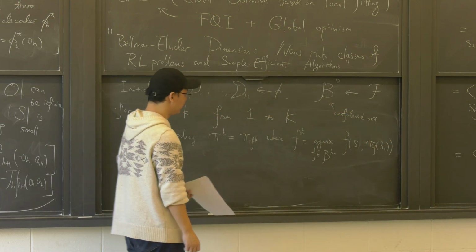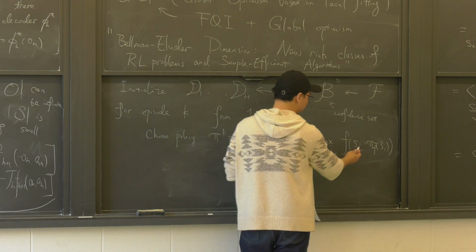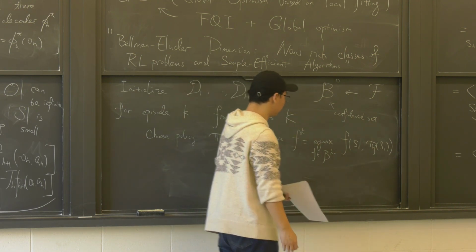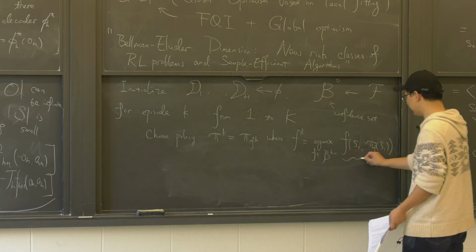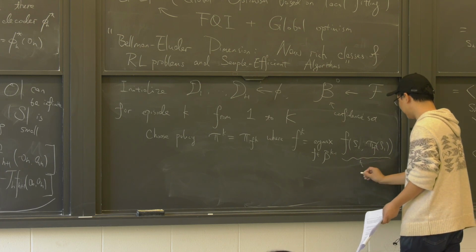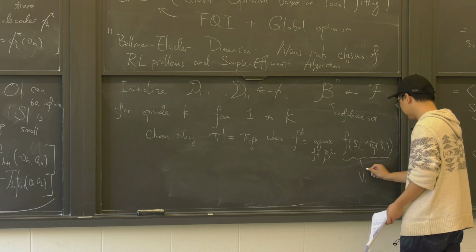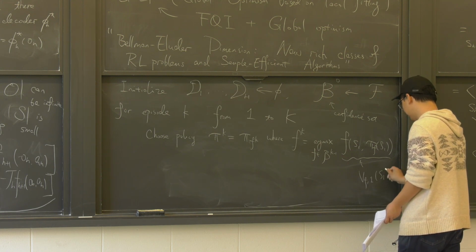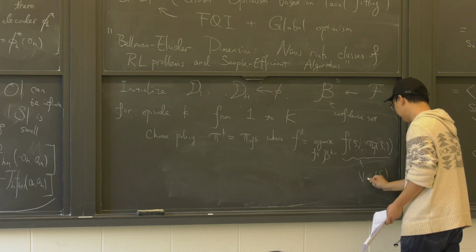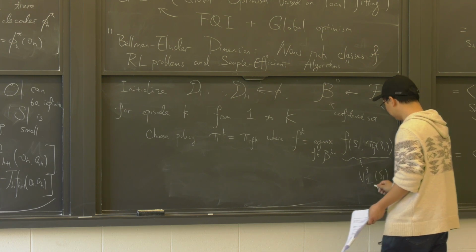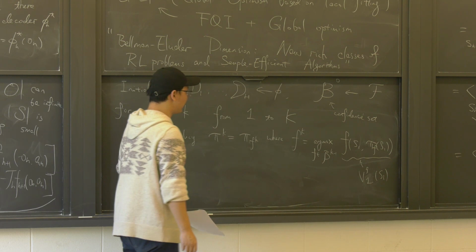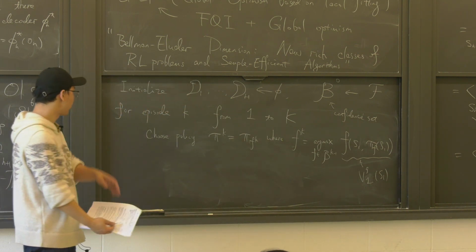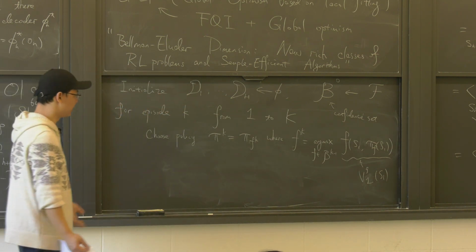Okay, this is the Q value. Look at the first state, and if at the first step we take the greedy policy of f, this is essentially just V1(s1), the value function at the initial state. So this is basically the same as Elena.